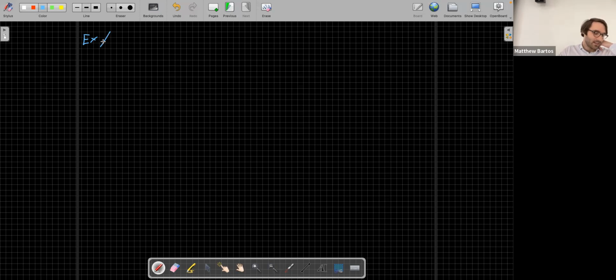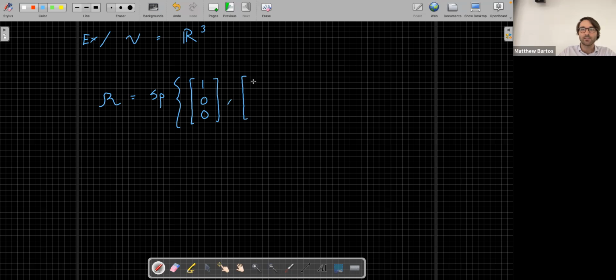So let's say our larger vector space V is R3. And we have some subspace R, which is equal to the span of the vectors 1, 0, 0, and 0, 0, 1. What is our orthogonal complement to this subspace?